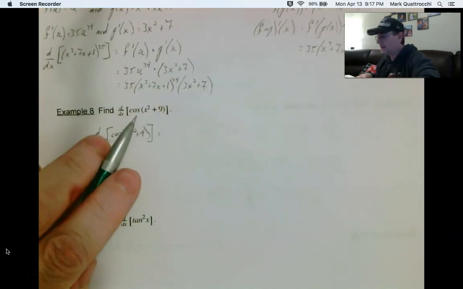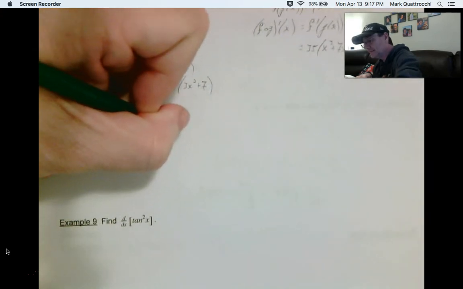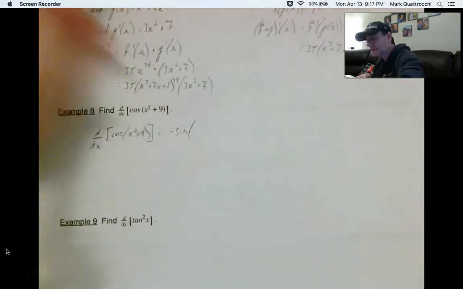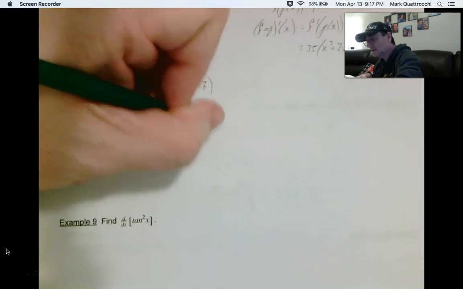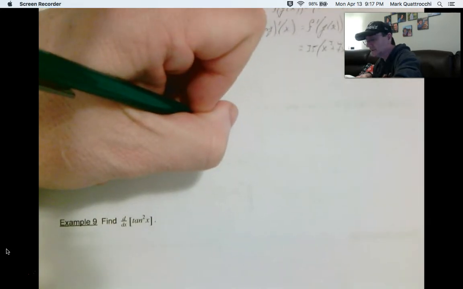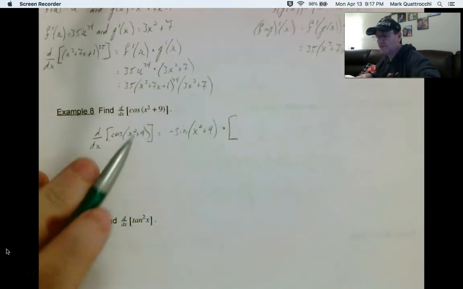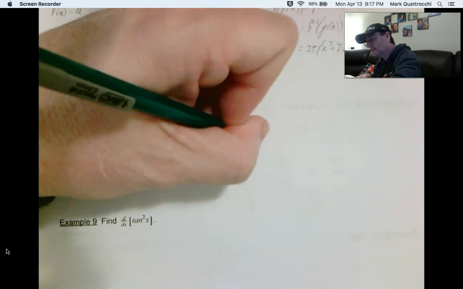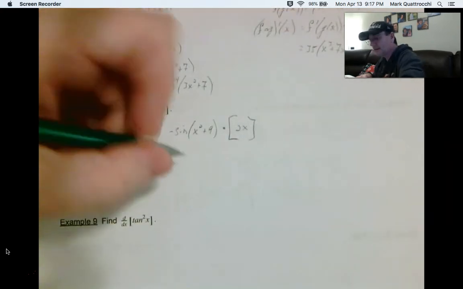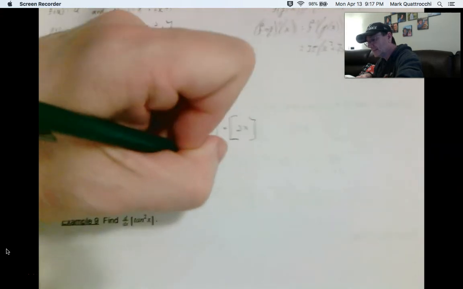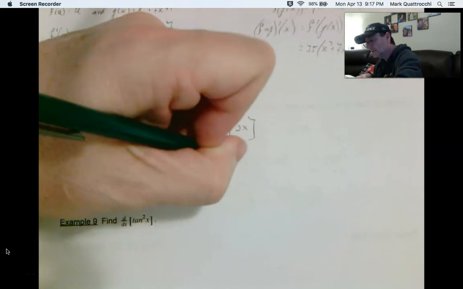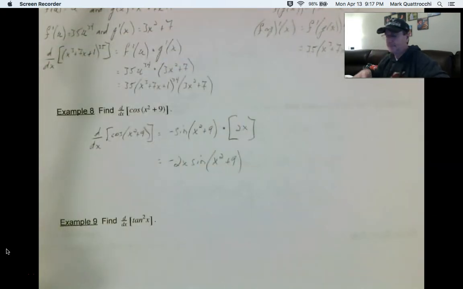The derivative of cosine is negative sine of the inside function untouched, times the derivative of the inside function, 2x. Simplify this: negative 2x sine of x squared plus 9.